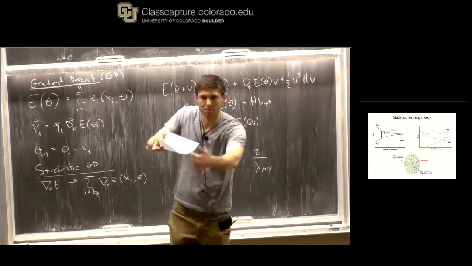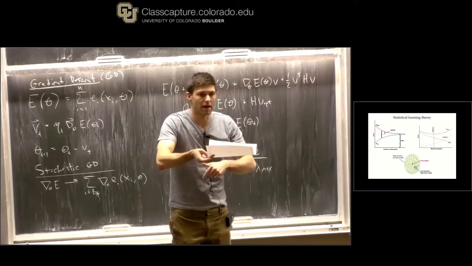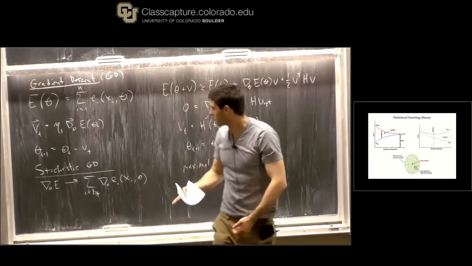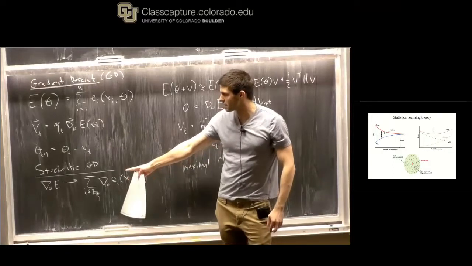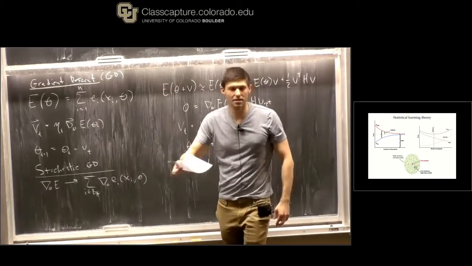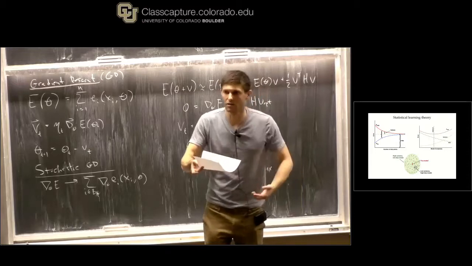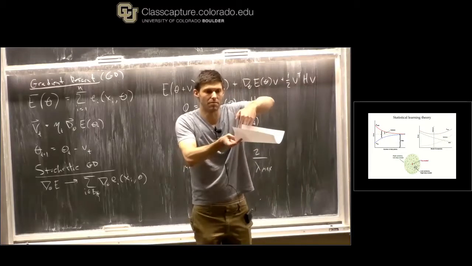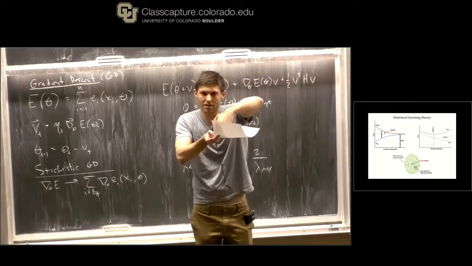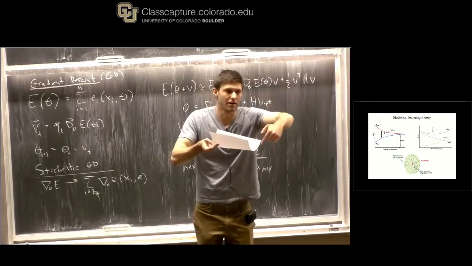Sometimes it's pretty flat, sometimes it's pretty steep, right? And what a student of mine found was that the noise from stochastic gradient descent is colored in a way that it moves you from the steep area or the sharp area to the flatter area.